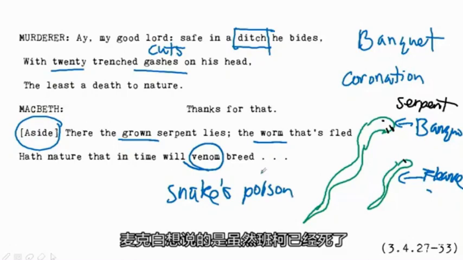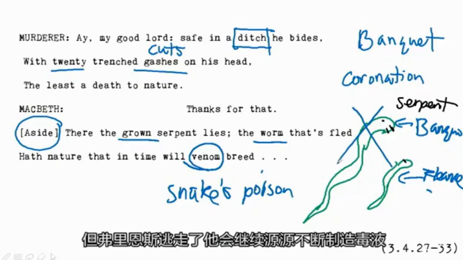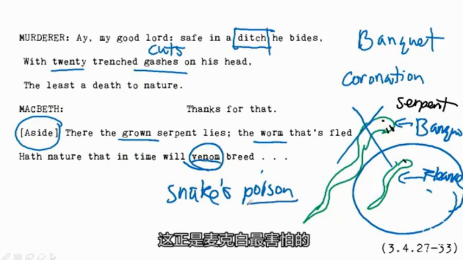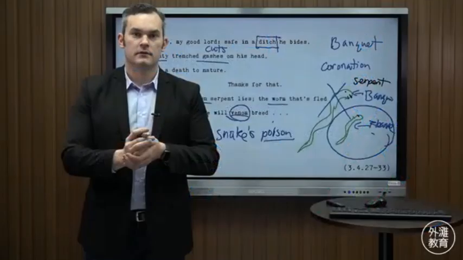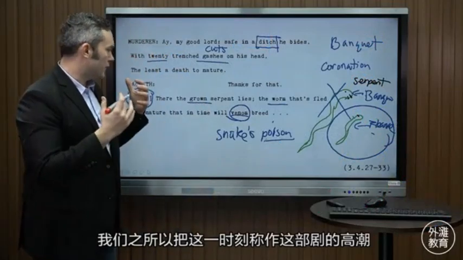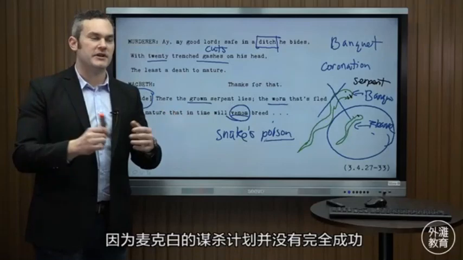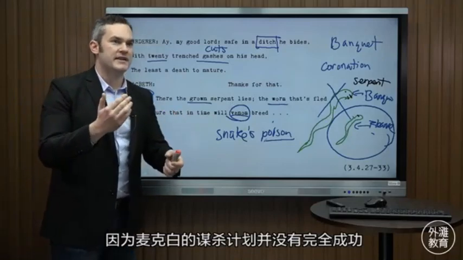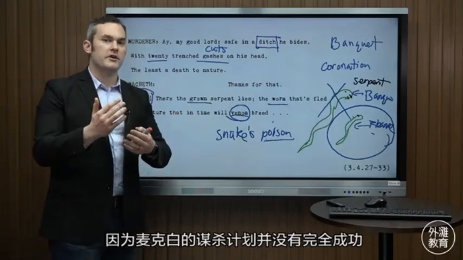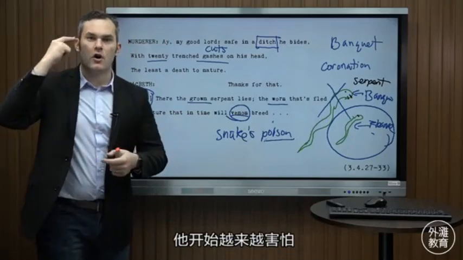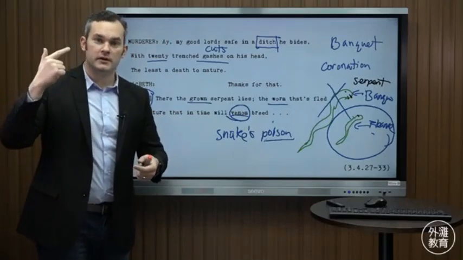So what Macbeth means is that even though Banquo is dead, Fleance lives. And soon Fleance will produce venom or poison. And this is exactly what Macbeth is afraid of. Okay, so the reason why we interpret this moment as the climax of the play is because Macbeth has failed in his murders and he's beginning to grow more and more afraid, right?